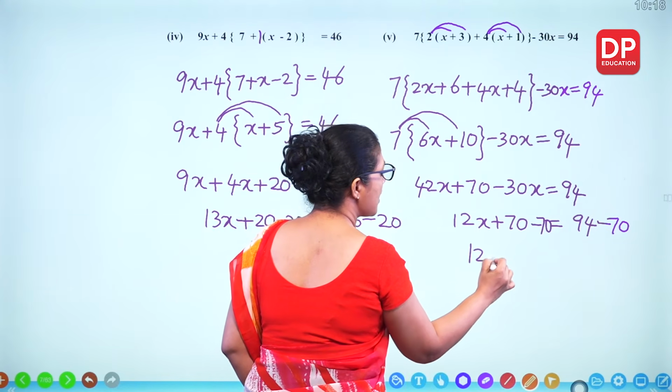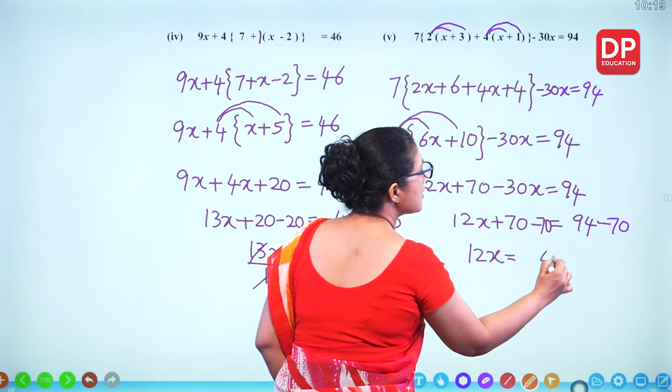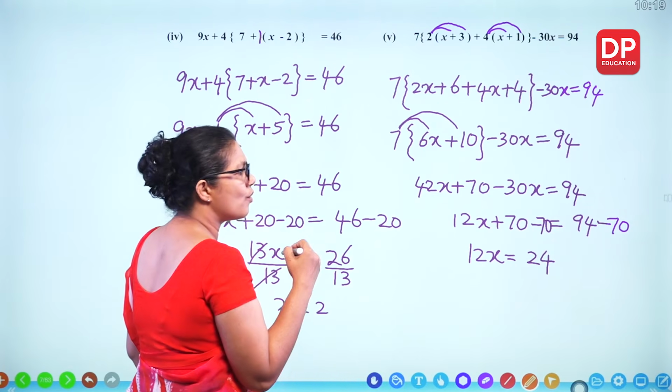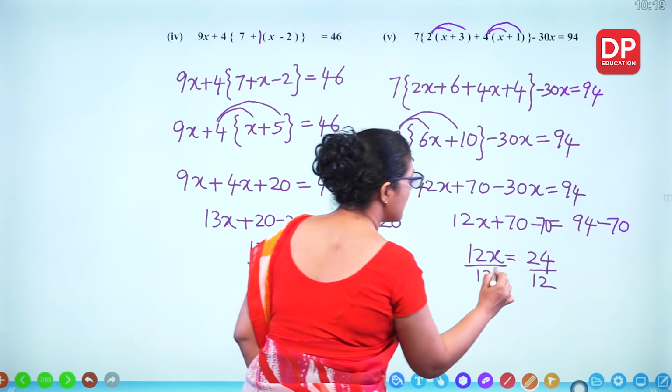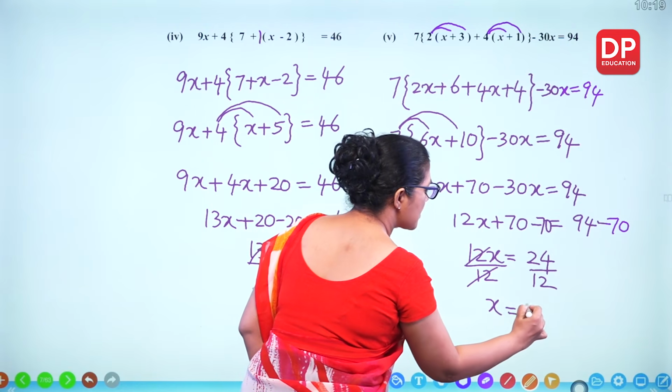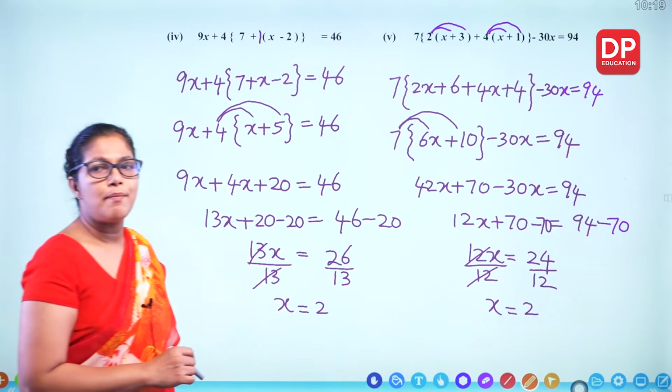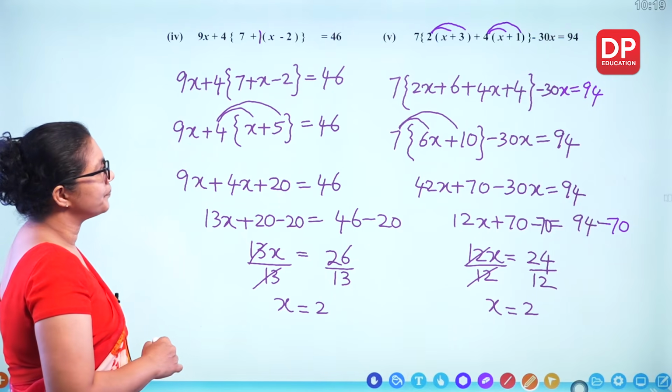So 12x is 24. When you divide this by 12, you get the x value. That's 2. 24 divided by 12, you get 2.